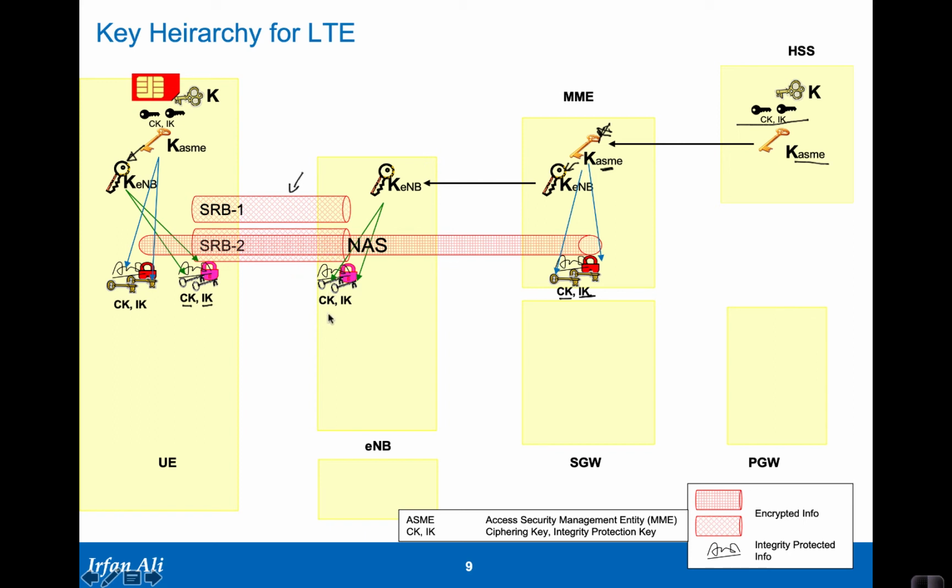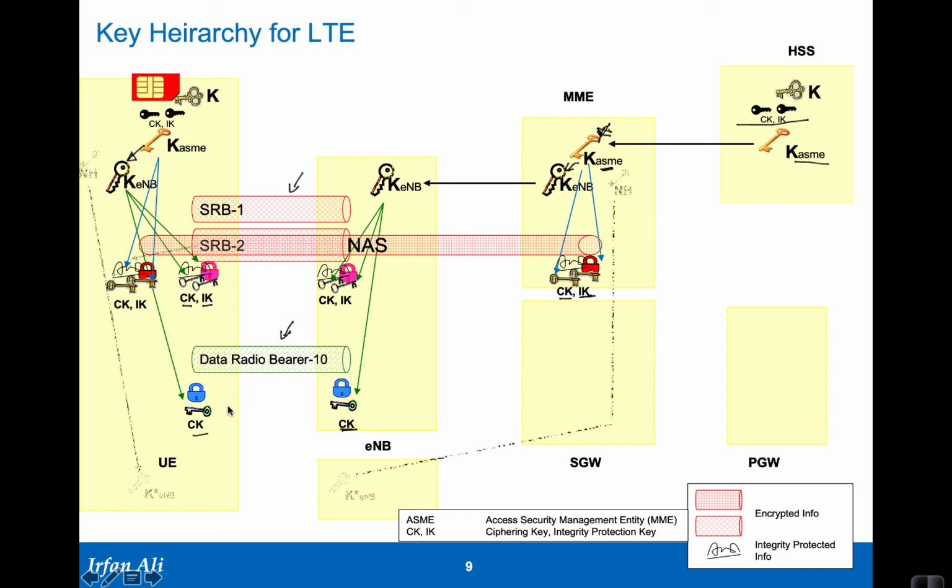So now we have the CK and IK for the RRC. We also said in the previous slides that we have encryption for the data radio bearers, or the user plane. So the CK for the user plane is derived from the KeNB, and used between the mobile and the eNodeB.